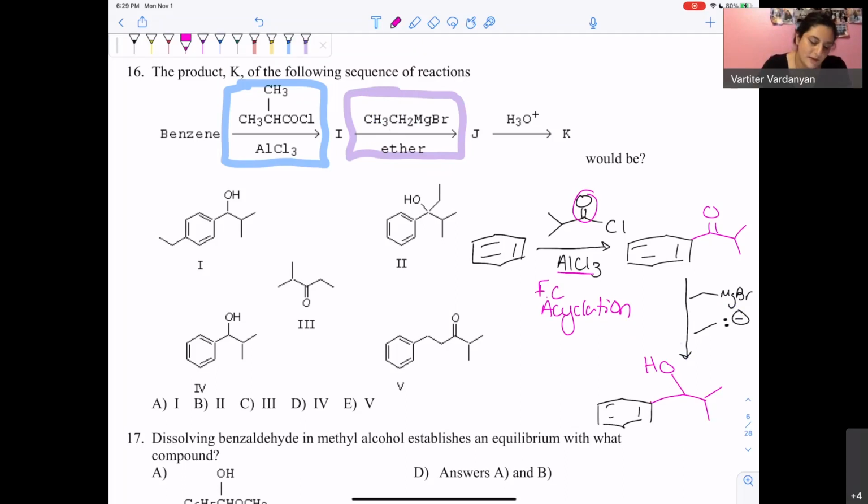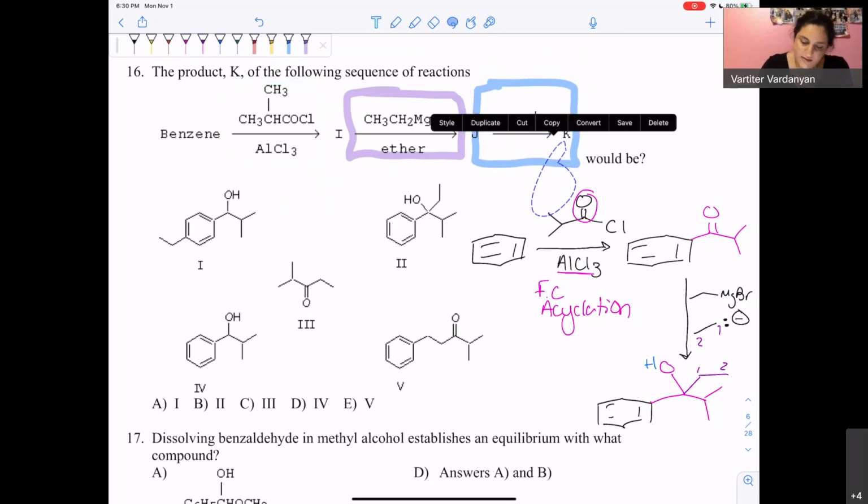OH. Actually, let me be super thorough. Let me make that blue. And let's make this purple. Sorry, I'm trying to stay organized, but I realize I have not been organized at all.